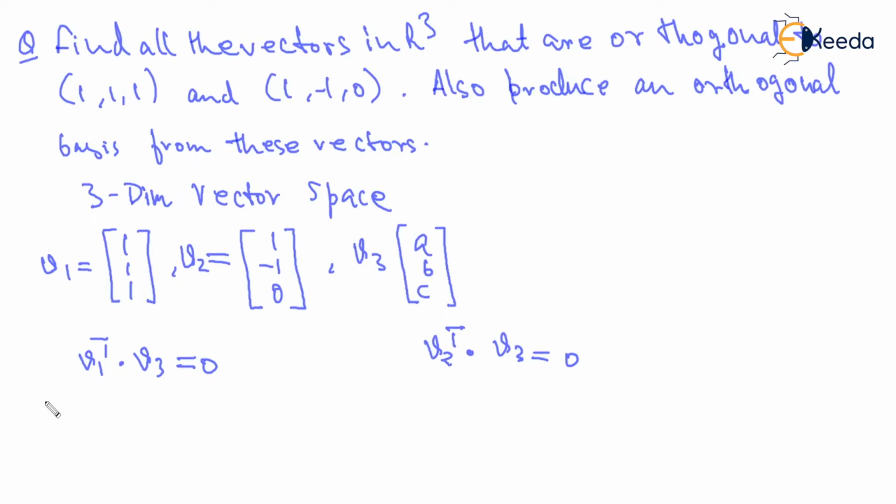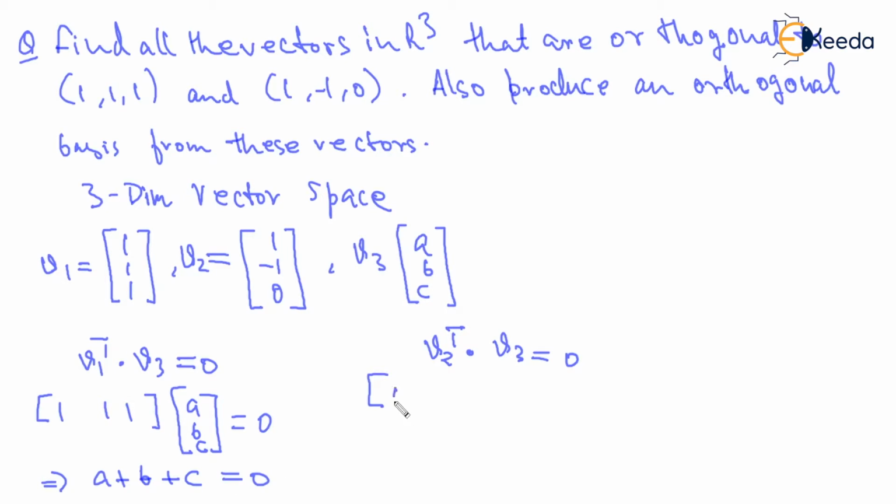So (1, 1, 1) times (A, B, C) should give 0, which is nothing but A plus B plus C equals 0. And (1, -1, 0) times (A, B, C) should give 0, that is A minus B equals 0.